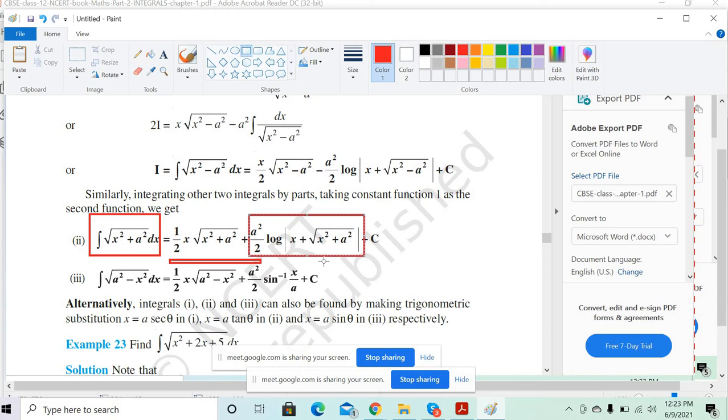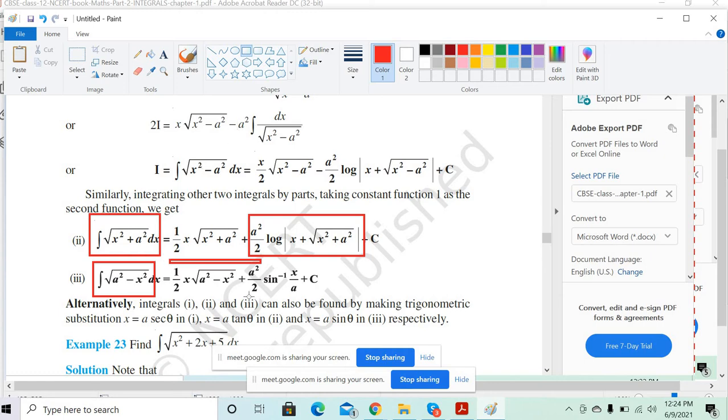Yes, sir. Now the only difference is in the case of a square minus x square, because here the sine will come into the picture, right? Remember the old formula too, when it was the reciprocal, there was also a sine inverse x by a formula. So here the sine inverse will come. You just need to remember that a square minus x square is just the opposite of this one.